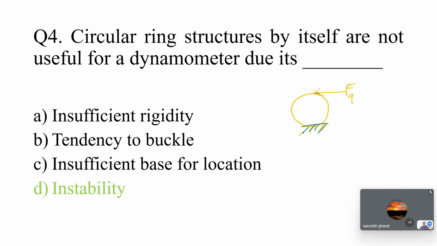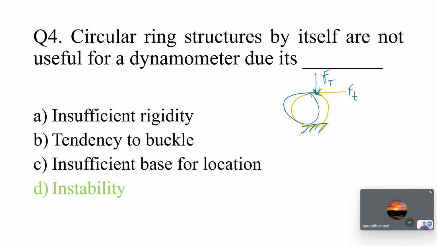The thrust force FT and the tangential force FQ act here. For FT, you can consider it the thrust force, and FQ is your tangential force. If this force is applied, what would happen? It may try to roll here because of this force.